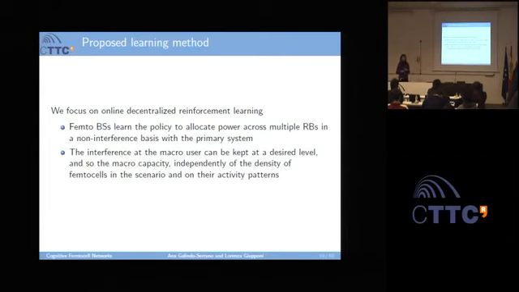So we will have, per each femto base station, a learning algorithm per resource block to learn which policy to assign in order not to interfere with the macro user using that resource block. So our objective is that interference at the macro user can be kept at a desired level independently of the femtocell density in the system and the activity pattern they have.